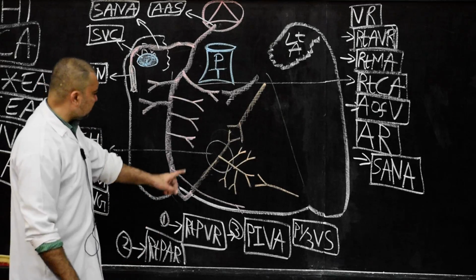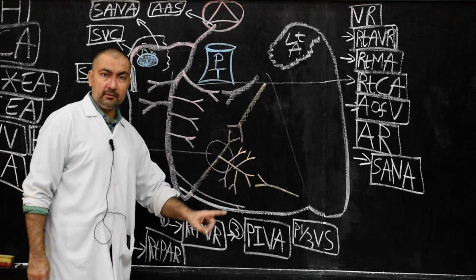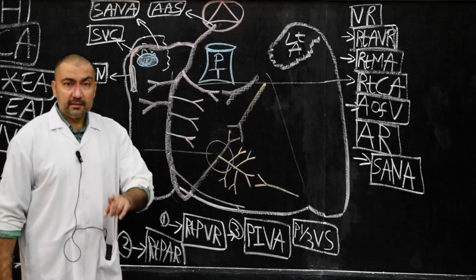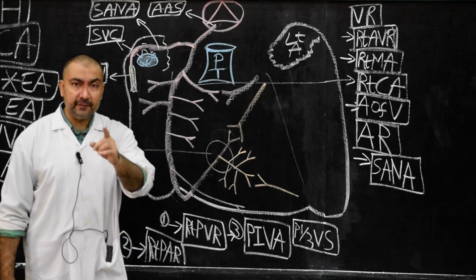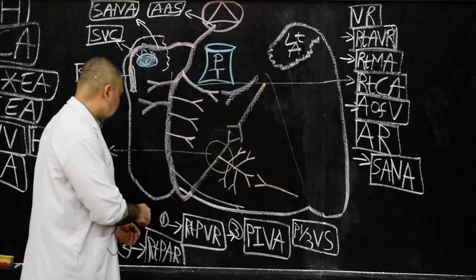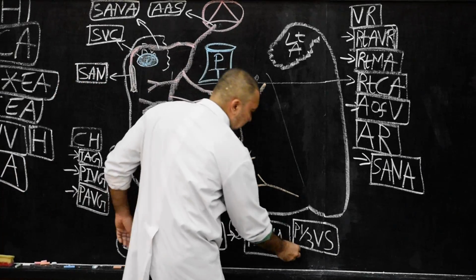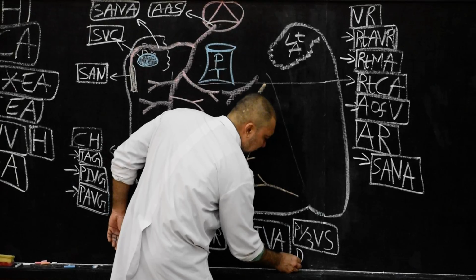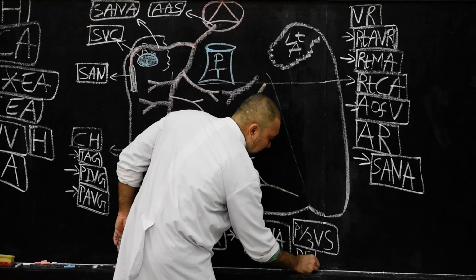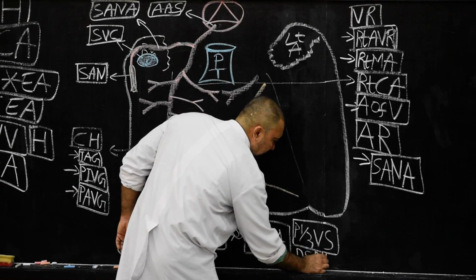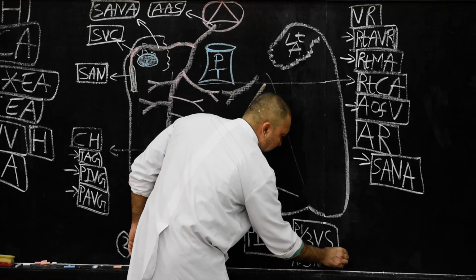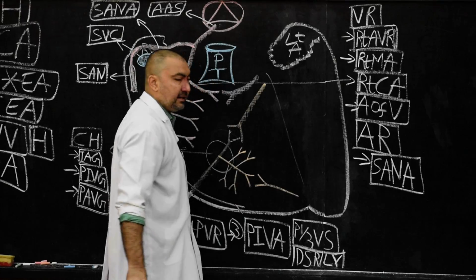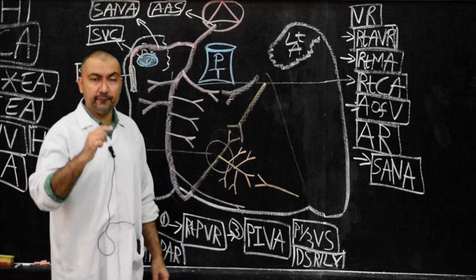At the same time, this posterior interventricular artery will also supply the diaphragmatic surfaces of the right and left ventricles both. Please note down, it will also supply the diaphragmatic surface of the right and left ventricles.